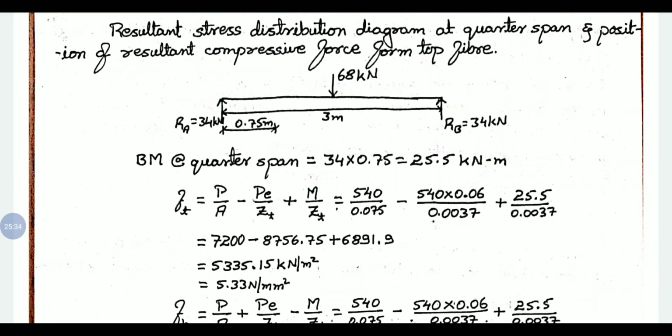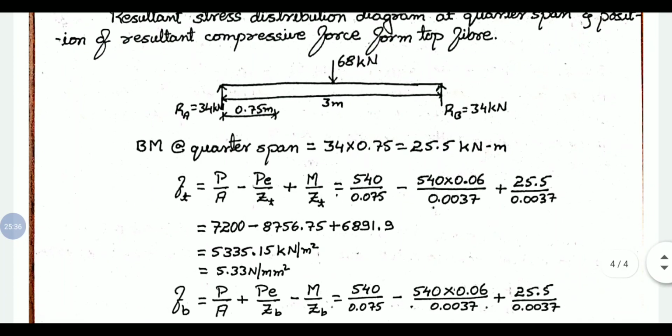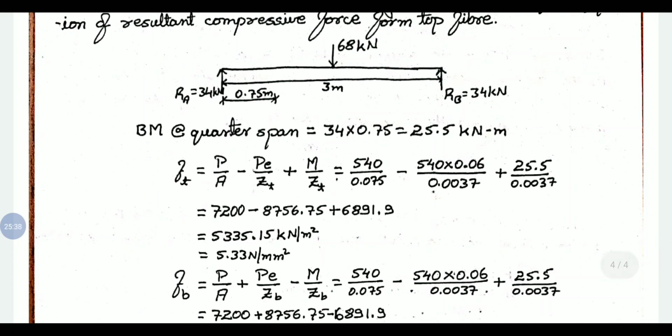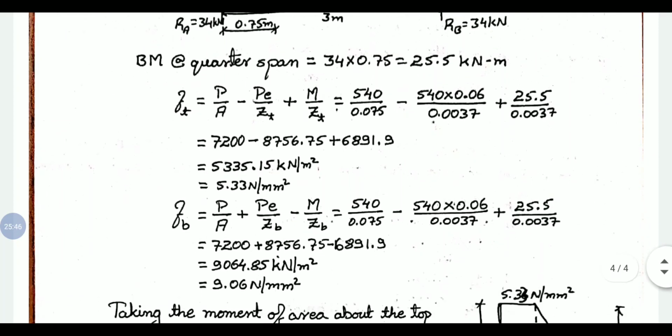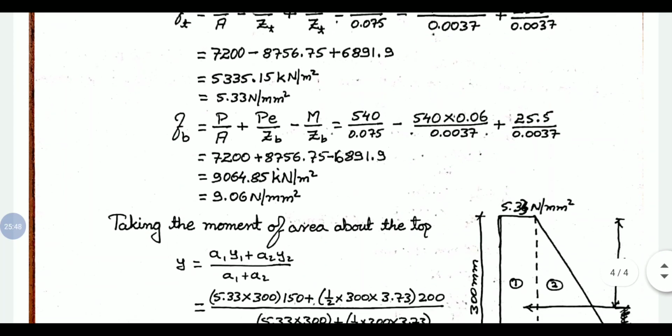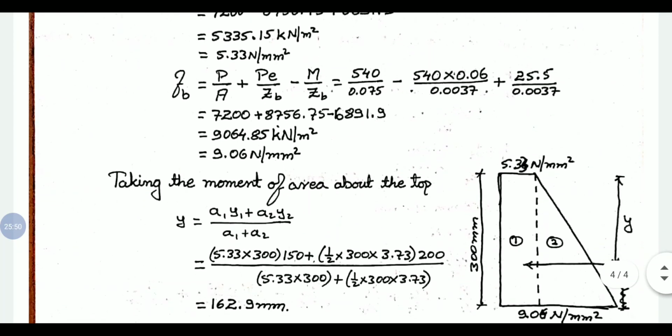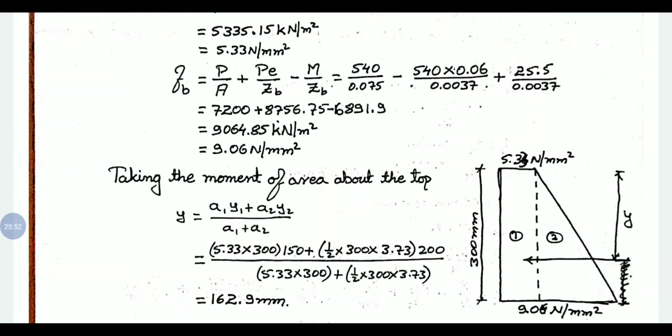We have got 25.5 kilonewton meter. By using that moment we need to find the fiber stresses at the top and bottom again. Further, again we need to draw the stress distribution diagram. At top fiber we have 5.33 Newton per mm square, and at bottom we have 9.06 Newton per mm square.